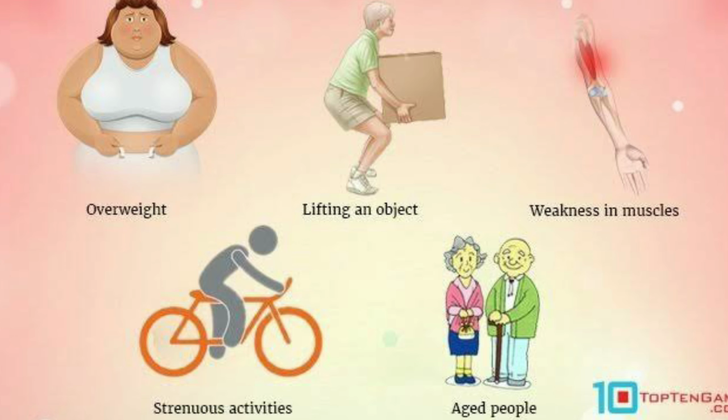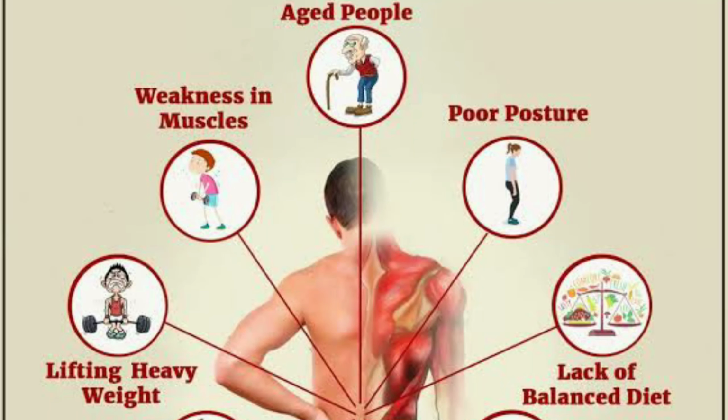This rupturing of disc is most common in L4, L5, and it also affects L5 as well. Next commonly affected vertebrae are C4, C5 and C5, C6, C6, C7. These are all very commonly affected vertebrae where rupturing of disc takes place.